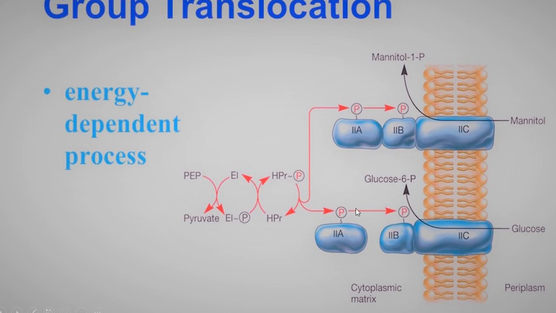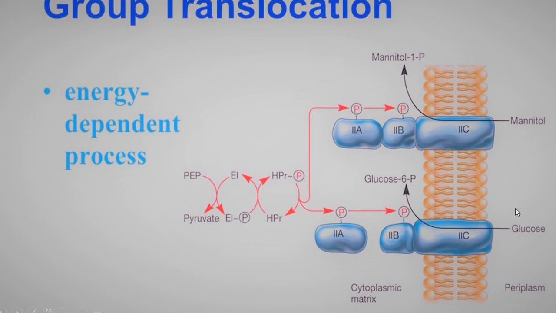Let's take another example. Here again the phosphoenol pyruvate is liberating the phosphate, and that is taken by enzyme 1 and transferred to the HPr, and from there it is taken by the E2A. It will move to the E2B, and once it moves to the E2B, whatever sugar it may be, mannitol, glucose or something else, takes this and it will be in the form of glucose 6-phosphate.